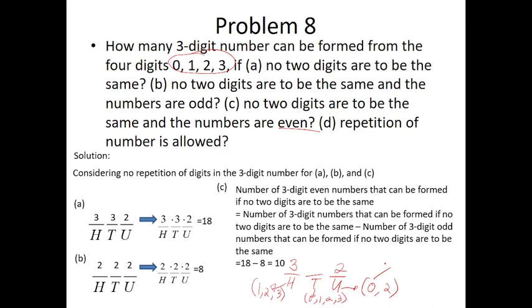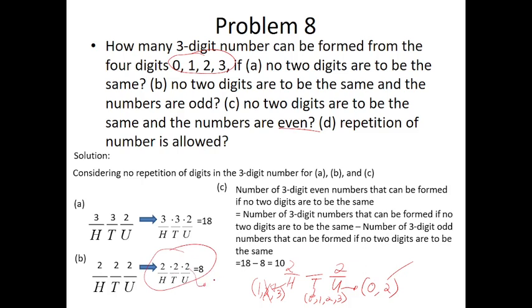If 2 was selected at the units place, we cannot place 2. Therefore, there will be two options. It's not consistent.